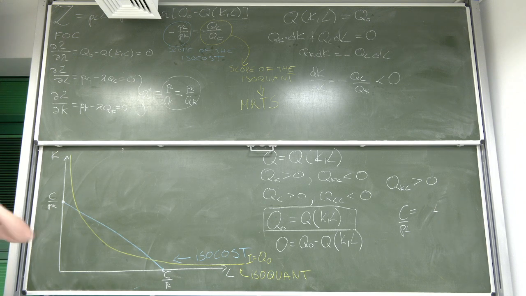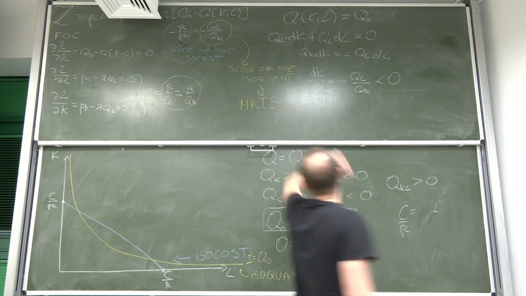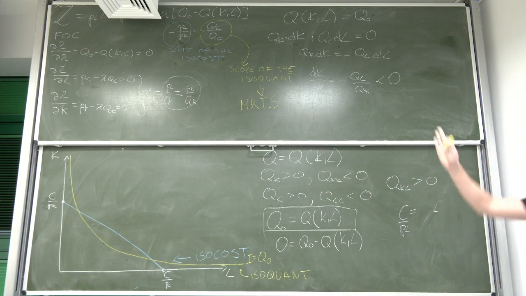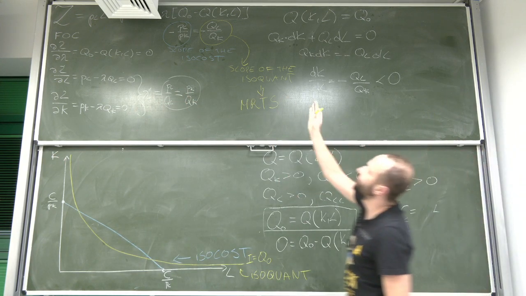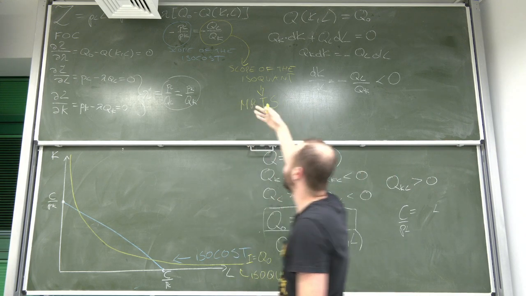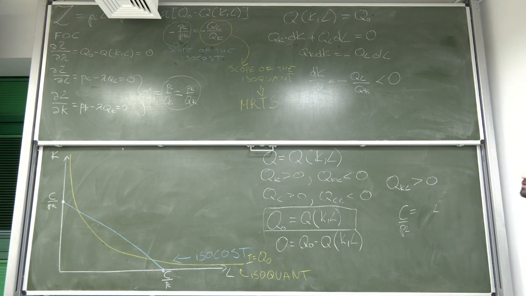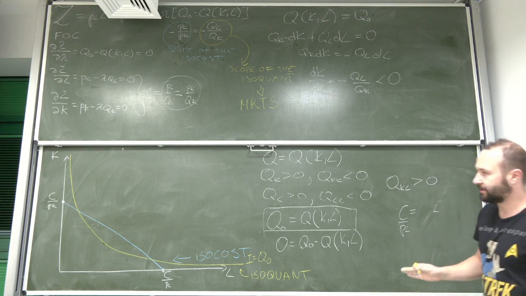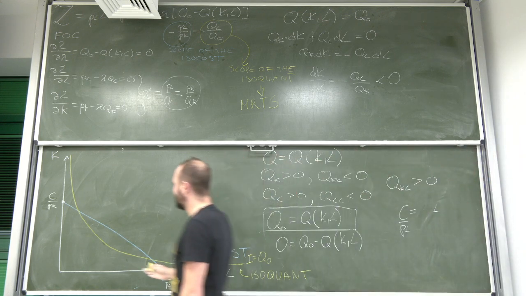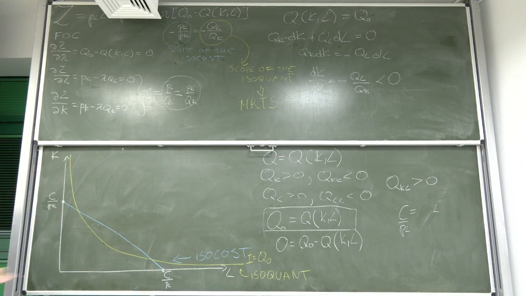Okay, so now that we know what each side of the equilibrium condition, optimum condition says, we also know what we need to do here. We need to find a point at which the two lines have the same slope, or simply tangent to one another.